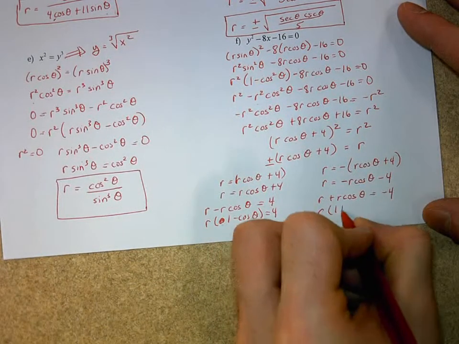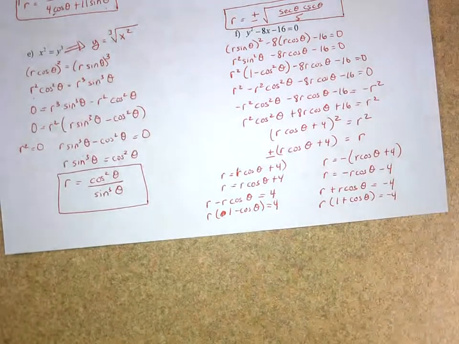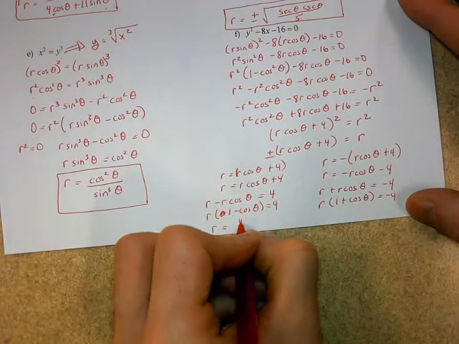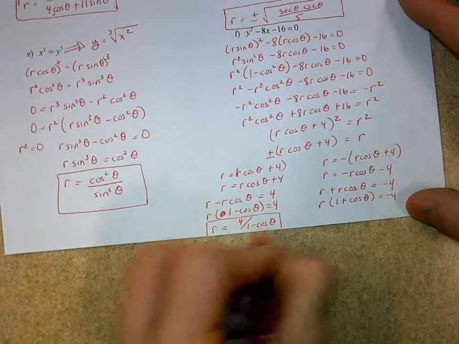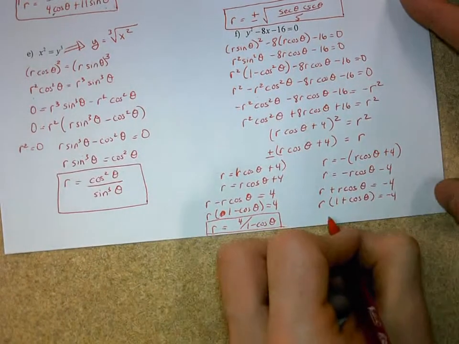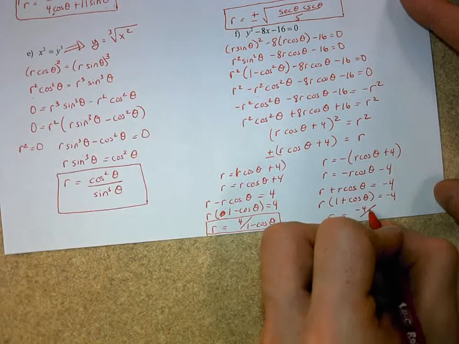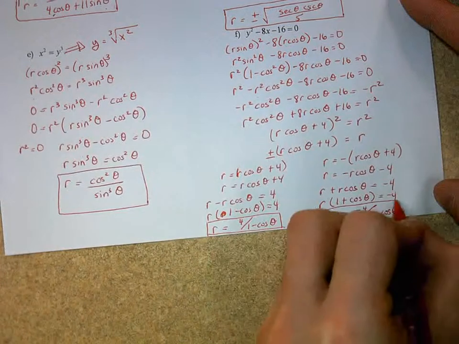And over here we can factor out an r. And then finally we'll divide both sides by our quantity. So r is equal to 4 divided by 1 minus cosine of theta, or r equals negative 4 over 1 plus cosine of theta.